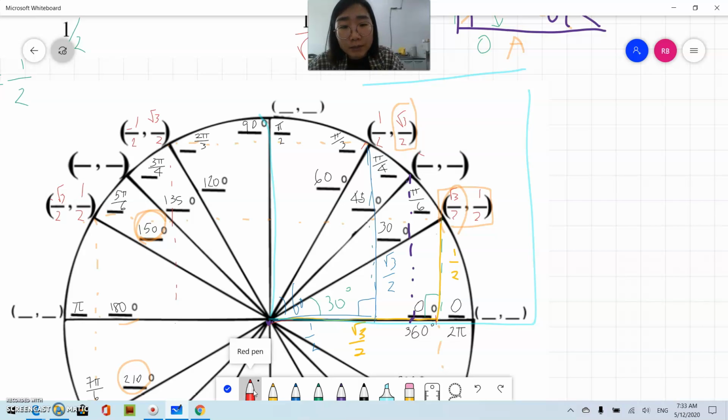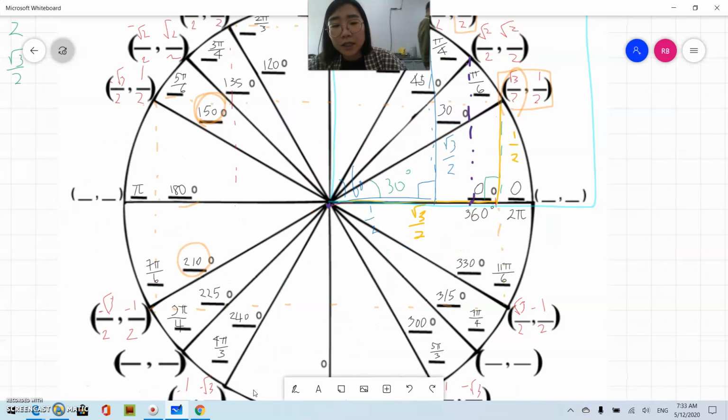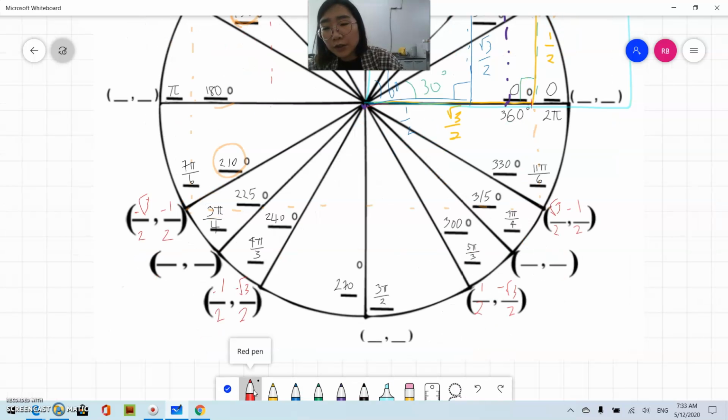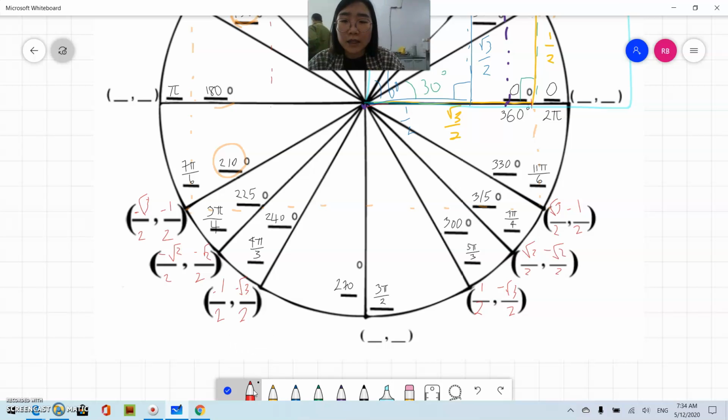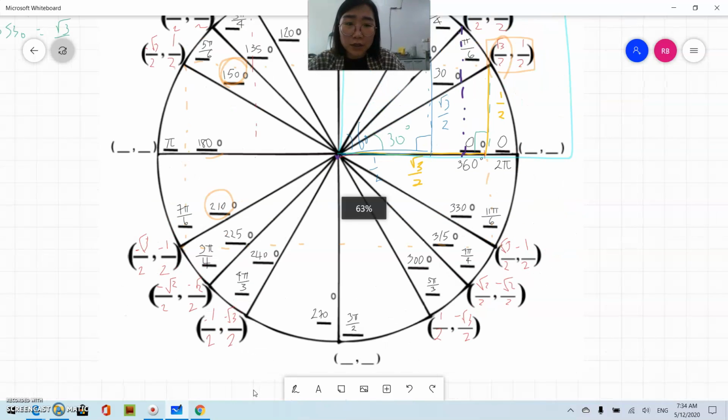Because they're the same, it's just going to be square root of 2 over 2 for both of them. Here, because it's in the second quadrant, the x will be negative and the y will be positive. And then the third quadrant, they're both negative. And then for the fourth quadrant, the x is positive, but the y is negative. And then we completed the unit circle.